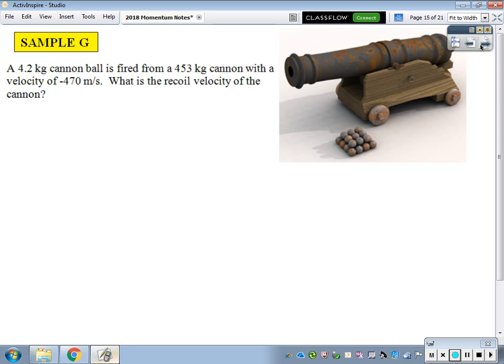So what if we brought the M1 V1 final to the left side of the equation, because it was on the right, and all of that was set equal to 0, and set that equal to M2 V2 final. Everybody see what we did here? We're using the elastic collision equation, but since both the cannonball and the cannon have an initial velocity of 0, that whole left-hand side of the equation becomes 0.